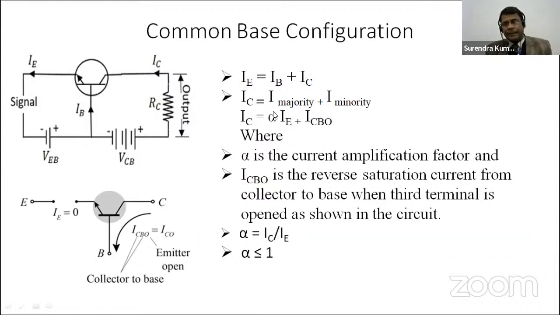So the collector current IC is the combination of two important currents, I majority plus I minority. Here I majority indicates the current constituted by the majority charge carriers, which are the electrons in an NPN transistor, and I minority is the current because of minority charge carriers, and holes are the minority charge carriers in this NPN type of transistor.